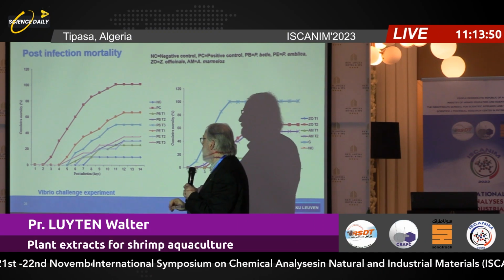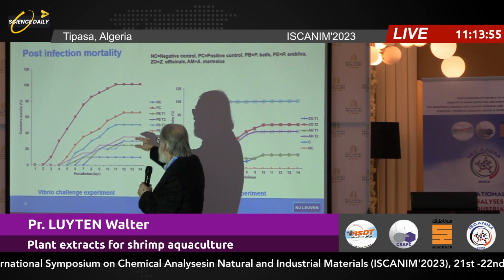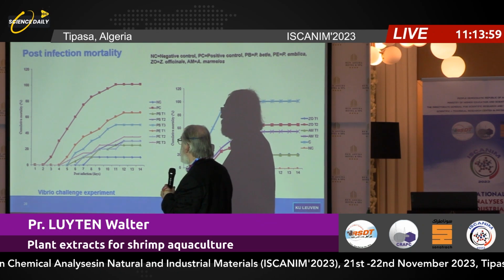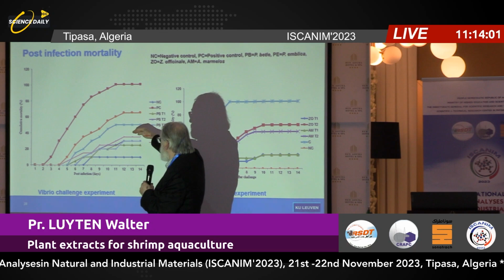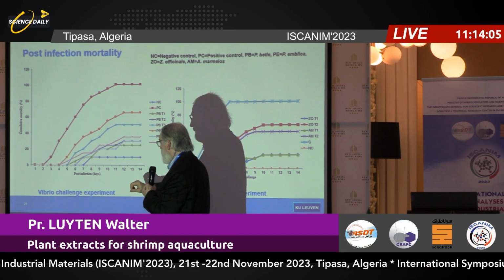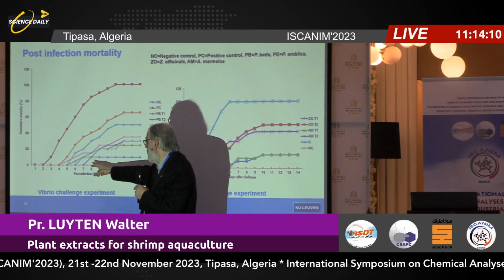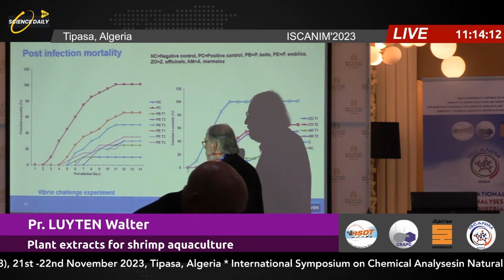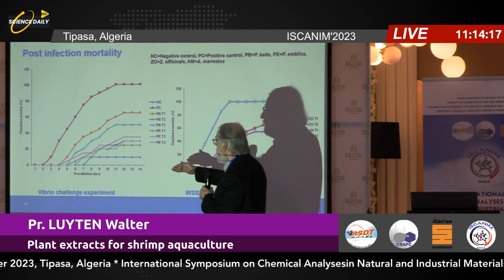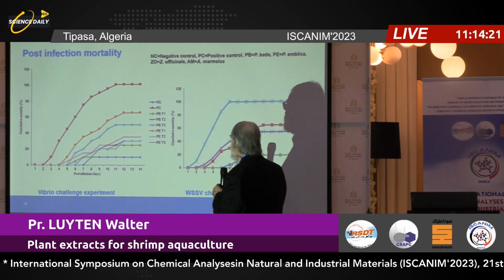All the shrimp are dead at the end of the experiment after 14 days. In the case of the plant extracts that were tested, sometimes different dosages, you see that there is a certain protection, and so the mortality is less. And this is the negative control, so even in the shrimp that are not infected, there is some mortality, but we're not quite reaching that level, even with the best of treatments.